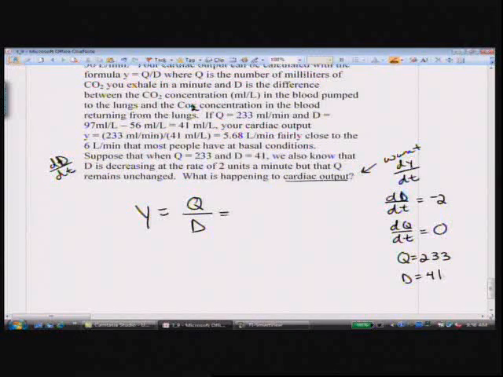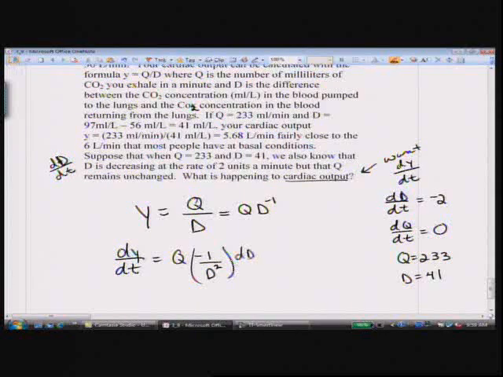Now, to work this one, this is one of those that I like to write like that and then just use the quotient rule, the product rule. Okay, so then dy/dt is going to be the derivative of U times V prime. So it's going to be Q times the derivative of that, which is -1 over D squared, right?